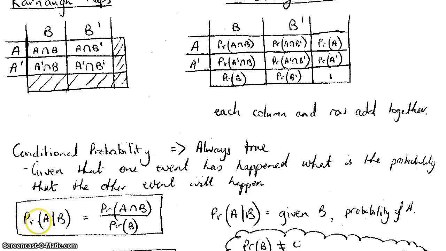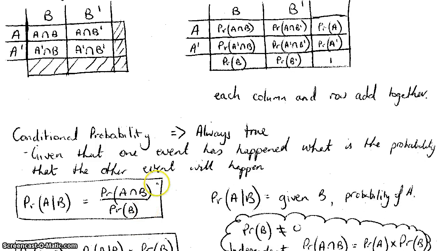So for example here, what's the probability that A will happen given that B has already happened? The equation for this equals the probability of A and B happening at the same time divided by the probability that B happens. Basically, this is changing our sample size to only include the B items, and we're trying to work out A and B happening together, given that B has already happened.